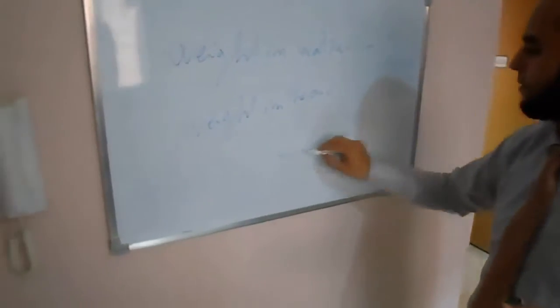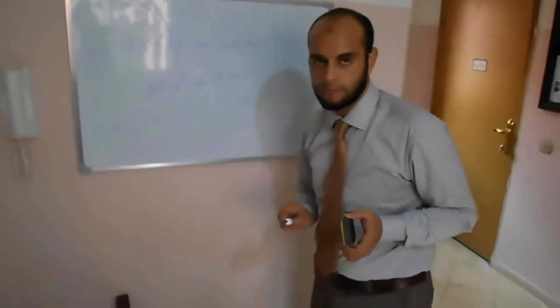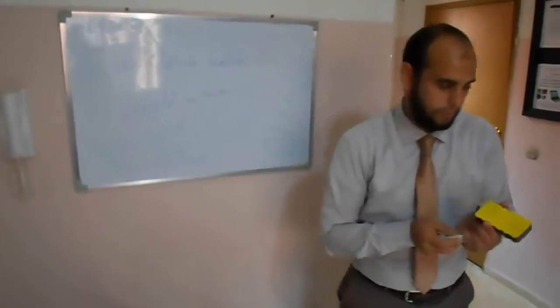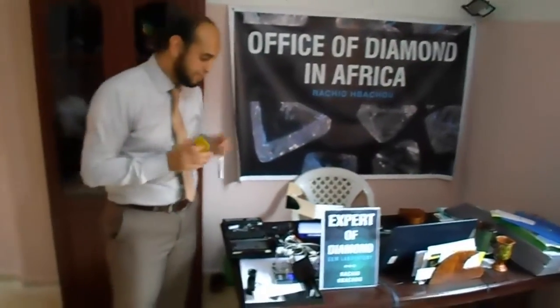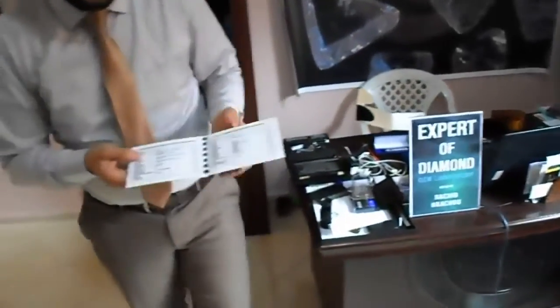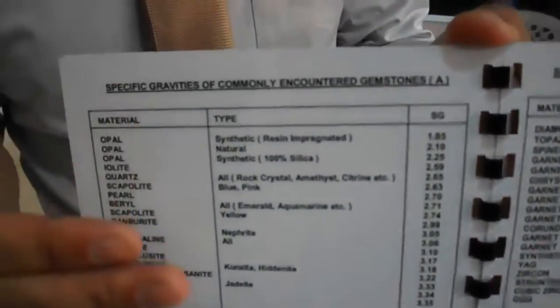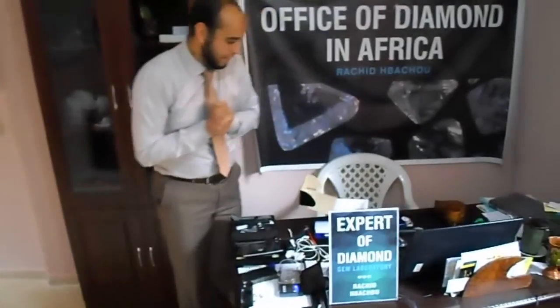So the specific gravity is the weight in the air divided by the difference between the weight in the air and the weight in the water, and we get the specific gravity. We have this book where you can find the specific gravity of many minerals or gemstones, and we compare the value that we get with this value, and then you can classify the mineral.